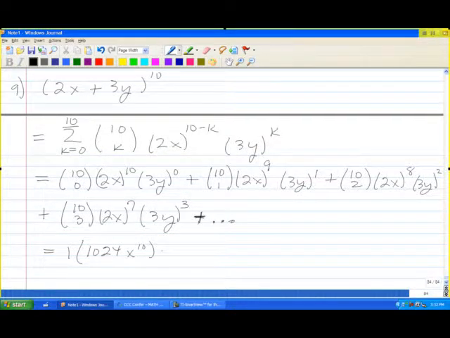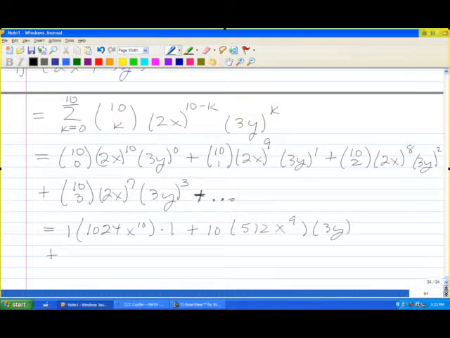And 3y to the 0 is just 1. 10C1 is 10. 2 to the 9th is what? 512. x to the 9 times 3y plus 10C2, which is 45, times 2 to the 8th, which is what, 256, x to the 8. 3 squared is 9, y squared.